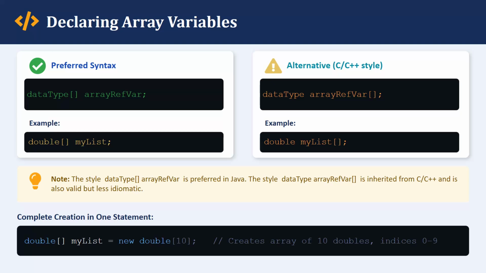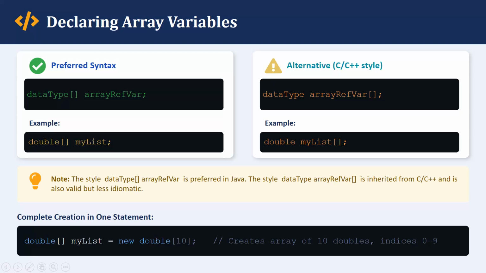So mostly we have the preferred syntax, which is the data type, and then you can now give the array reference variables. We can as well as have an alternative that is from C, which is structured programming, and C++ type, where you use the data type and then now use the array reference variable. That's where you are now putting the values.